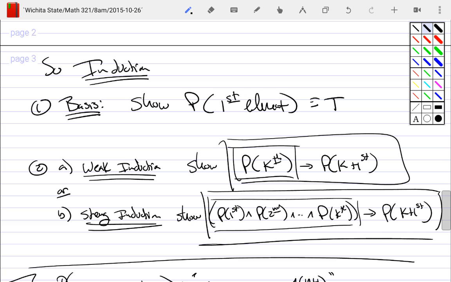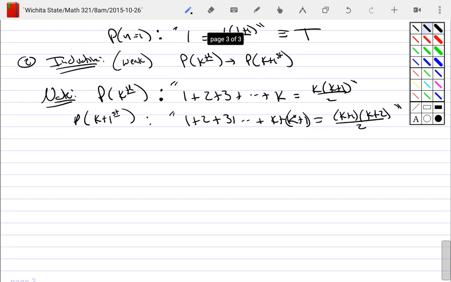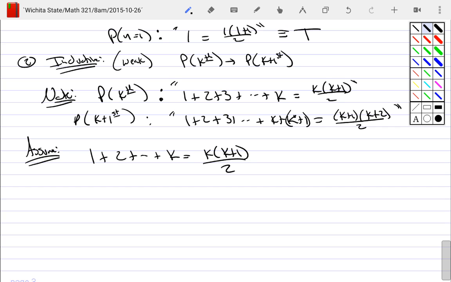So we just say these left sides are called the inductive hypothesis. Since that's the inductive hypothesis, to prove this, we just simply assume that indeed 1 plus 2 plus everything up to k does indeed equal k times k plus 1 over 2. I assume this equality is true. Why?